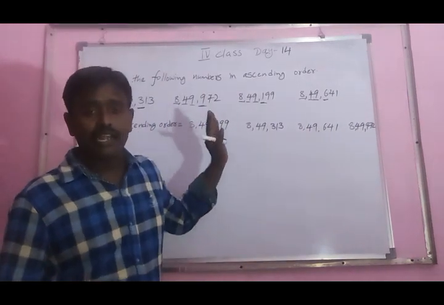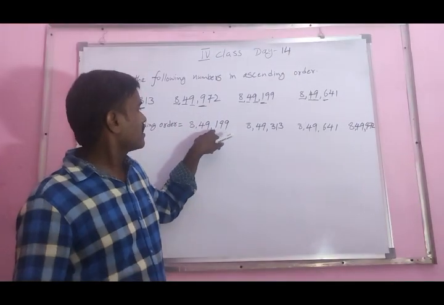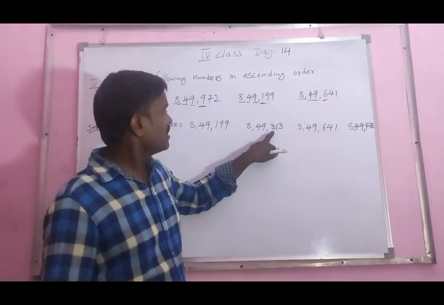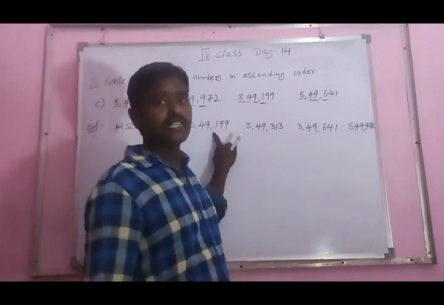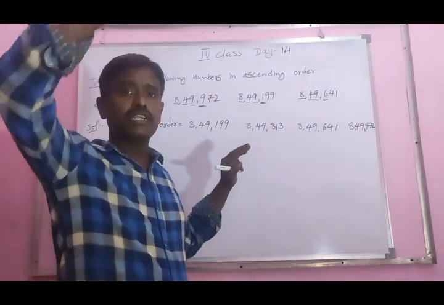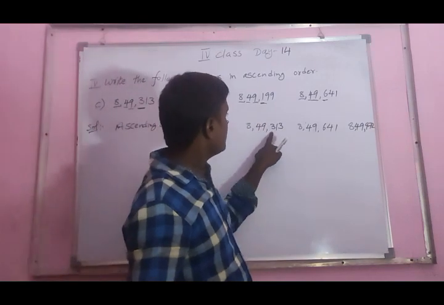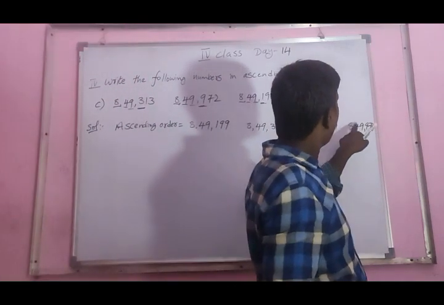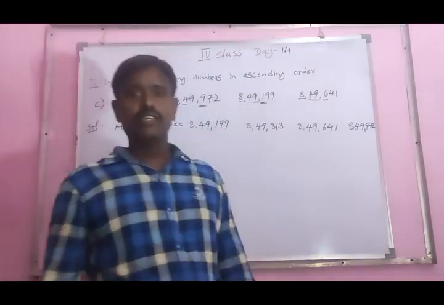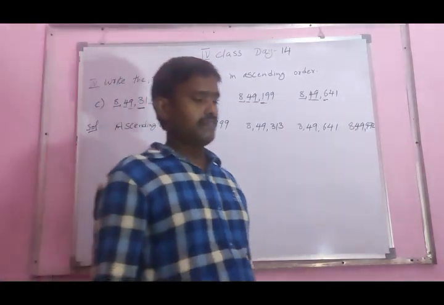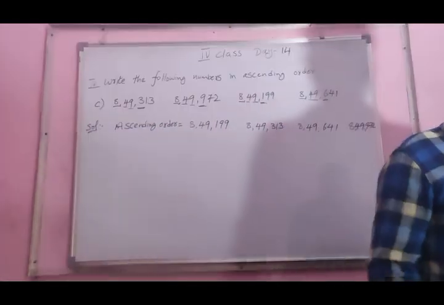So 100 places: 1 is the small number, then 3. Ascending order means increasing order, small number to big number. So 1, 3, 6 and 9. Understand? Okay.